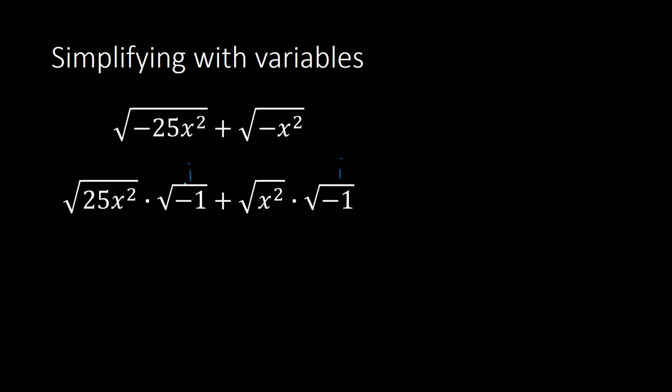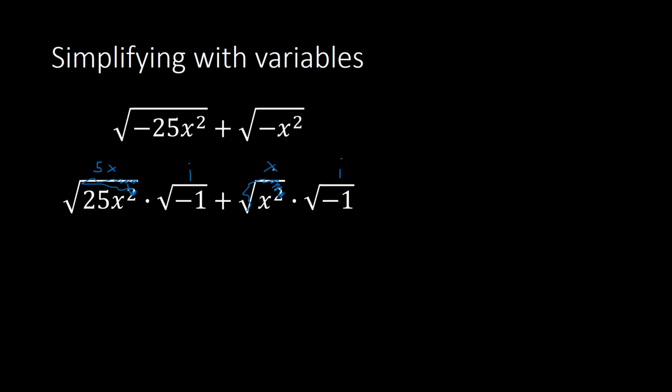And then the other parts, 25x squared, if we take the square root of 25, we get 5. And the square root of x squared, well, the square root and the square will cancel each other, and I'm left with just the x. So this becomes a 5x. And then over here, the square root of x squared, the square root and the squared will cancel each other out, and I'm left with just an x.